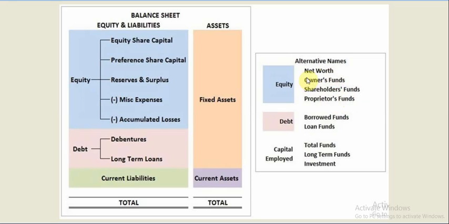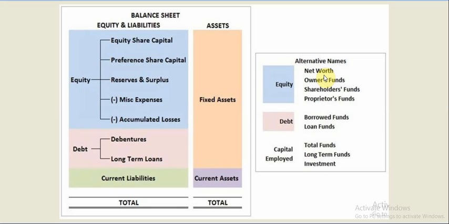But why do we call equity net worth? Just imagine friends, if I have a company and I want to find the worth of the company, what do I do? I usually measure and try to calculate how many assets are there with the company. So the assets will basically represent the worth of a company. Then if I have some liabilities, I have to reduce the liabilities from the asset balance. That will give me the net worth, right?